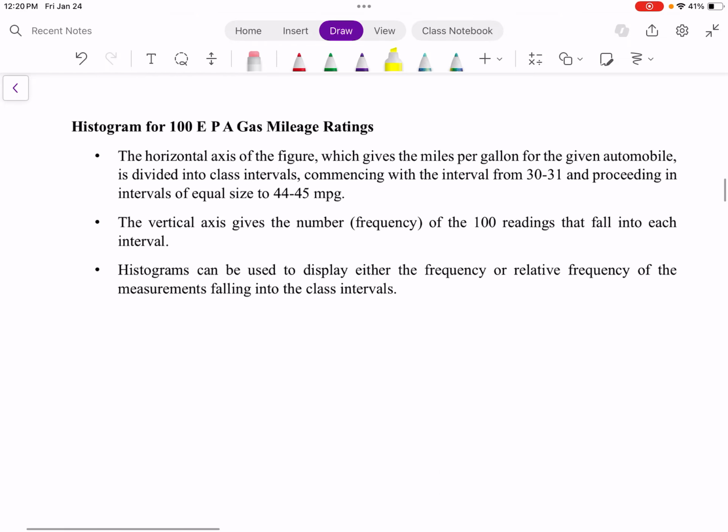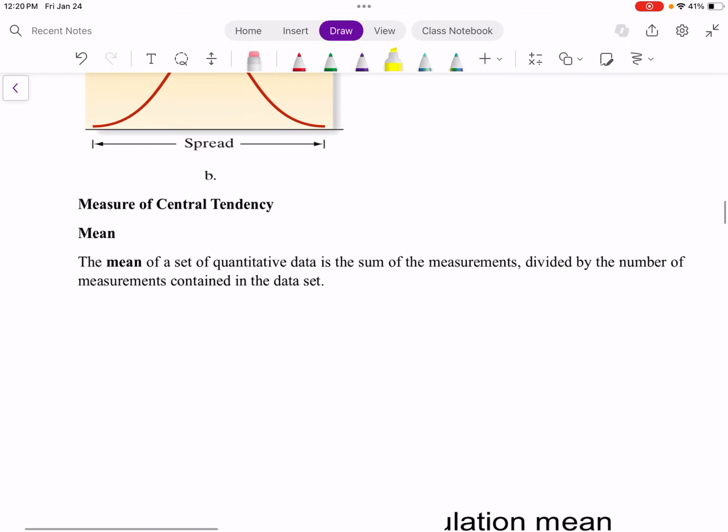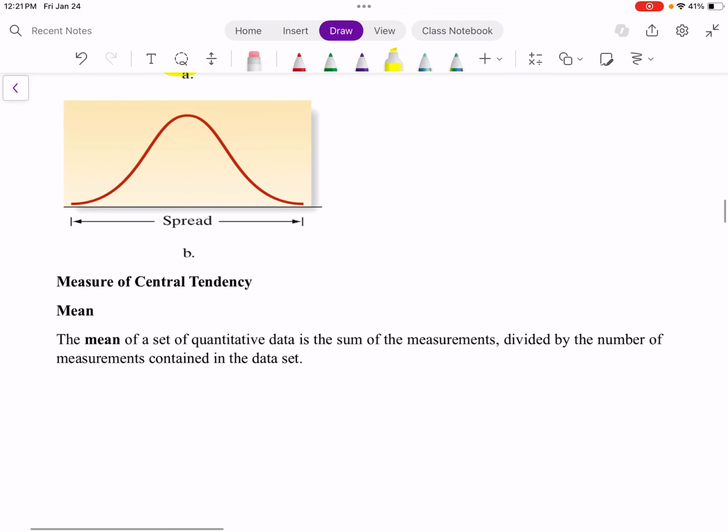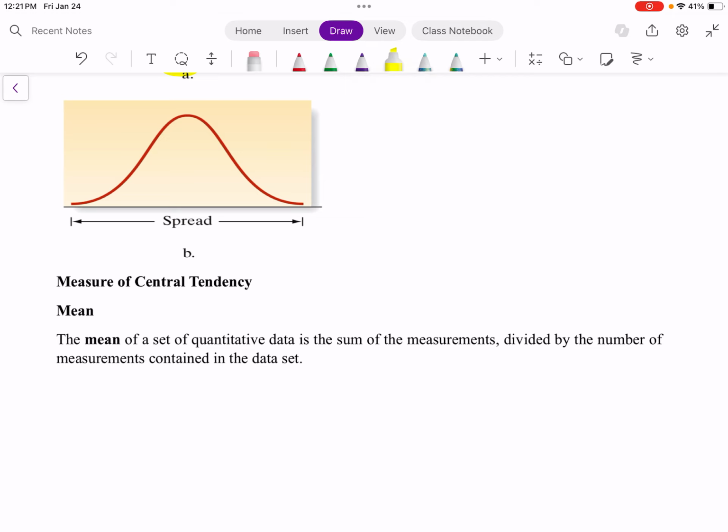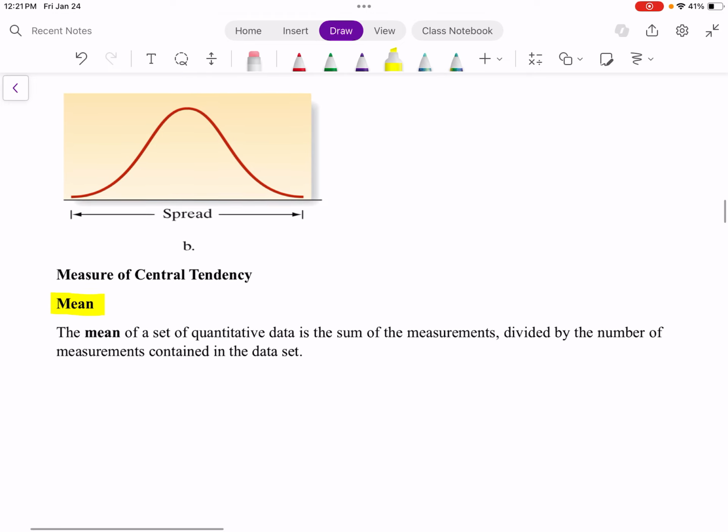Now, the very first measure of central tendency is the mean. The mean helps us find a number. From the given data set we can calculate a mean, which is a single value. And what does the mean give us?